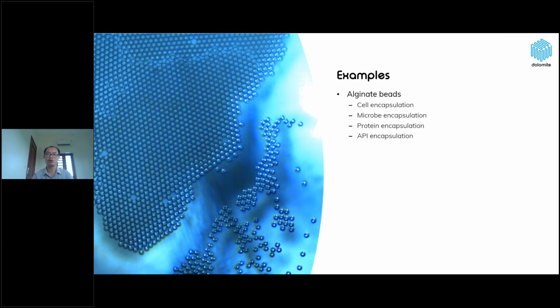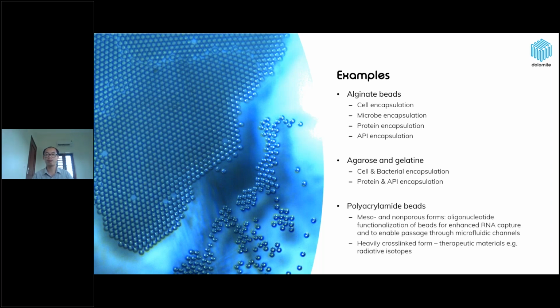Here are some examples of hydrogel production, like we make alginate beads to do cell encapsulation or protein encapsulation or API encapsulation. We can make agar and gelatin beads to study cell and bacterial encapsulation or protein and API encapsulation.